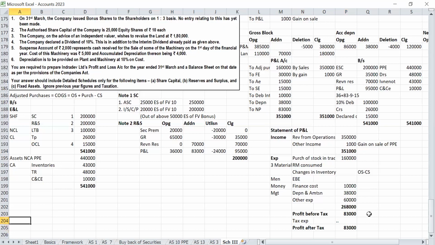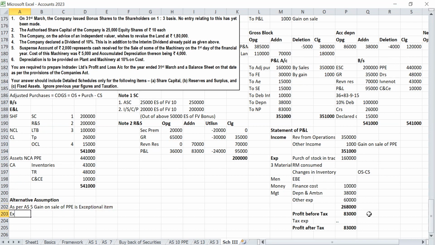Clear? Yes, sir. Alternative assumption is also possible that as per AS 5, gain on sale of fixed assets or PPE is exceptional item.